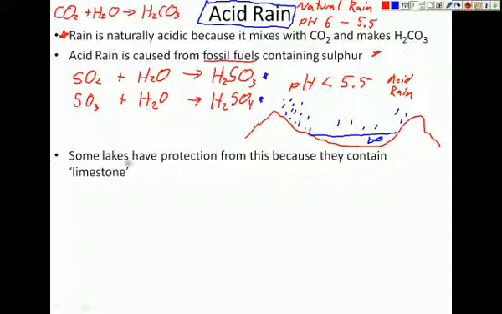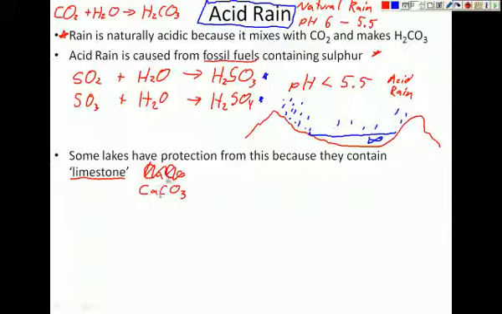Some lakes have protection from this because they are surrounded by a type of stone called limestone. Limestone is made up of calcium carbonate, CaCO3. In other words, it contains CO3 2-, which is a weak base.